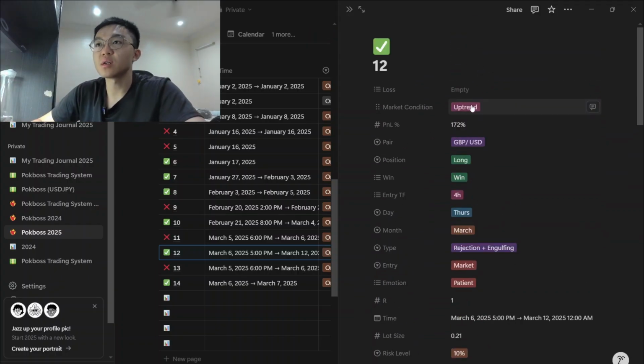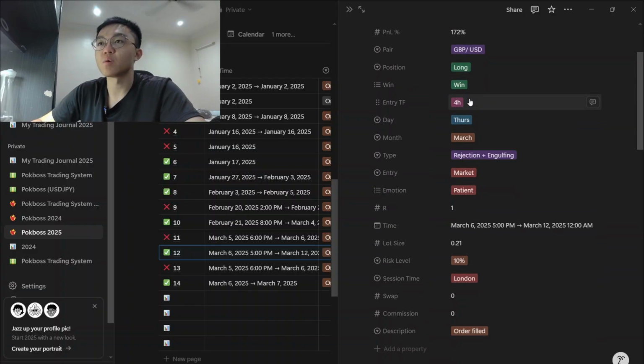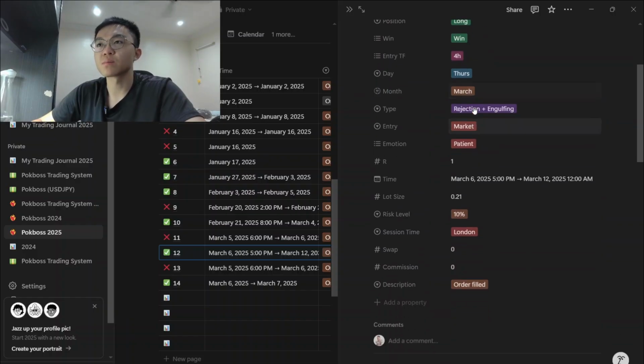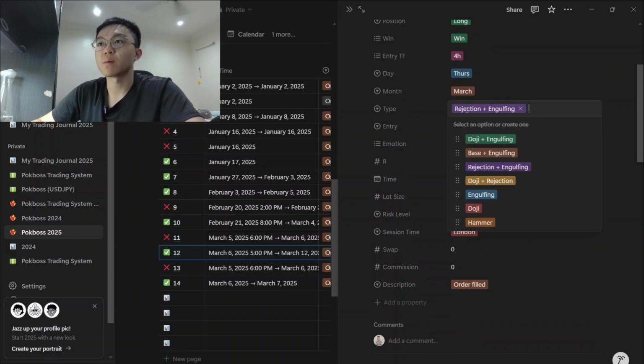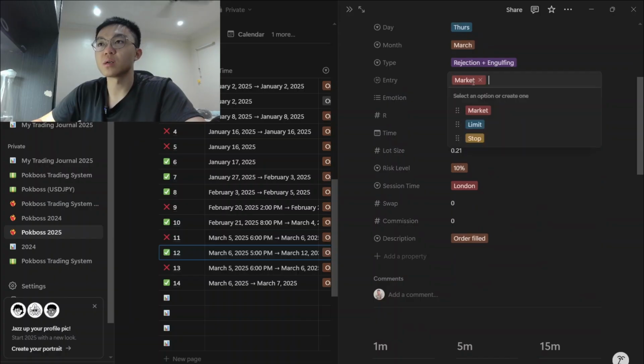Now the market condition here: uptrend, profit and loss, $172 earned, GBP USD, long position, win, 4-hour entry time frame, and the day that I entered was Thursday, March. And what type of candle did I see? Rejection plus engulfing, market order, and the emotion was patient.